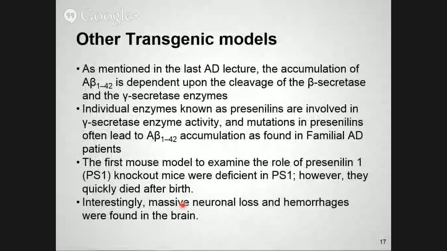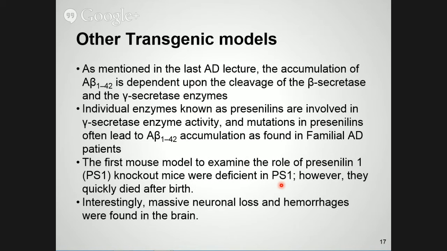So there is a lot of literature suggesting that these beta and gamma secretase enzymes that I mentioned to you are really important in terms of the pathogenesis of Alzheimer's disease. And the first mouse model to actually go back and look at the effect of these different gamma secretase mutations on the accumulation of beta amyloid involved the presenilin knockout mouse. And again, these mice were deficient in presenilin.